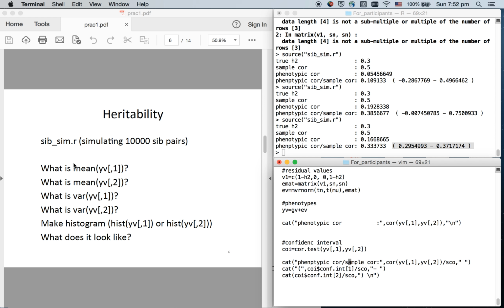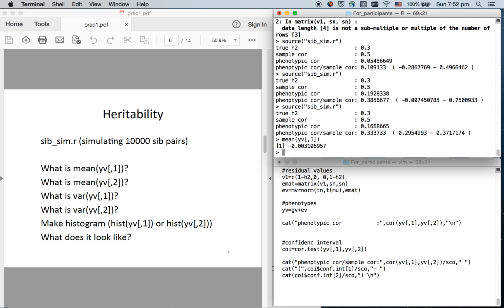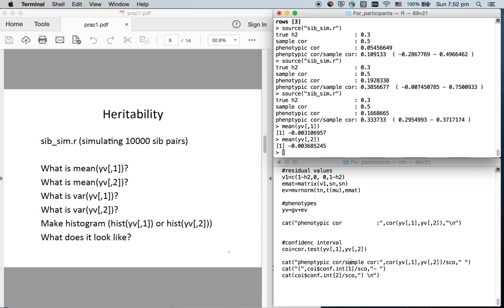So the first question is, what is the mean value of the phenotypes for the first sib? We can simply give mean of y1. This is the mean phenotype for the first sib, right? That will give close to 0 as expected. That's what we simulated. It's probably very similar for the second sib as well, close to 0, right? Then what is the variance? Let's have a look.